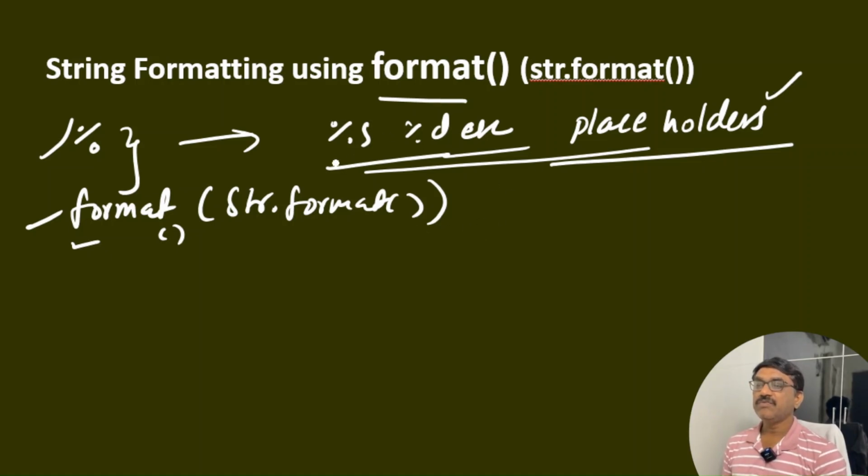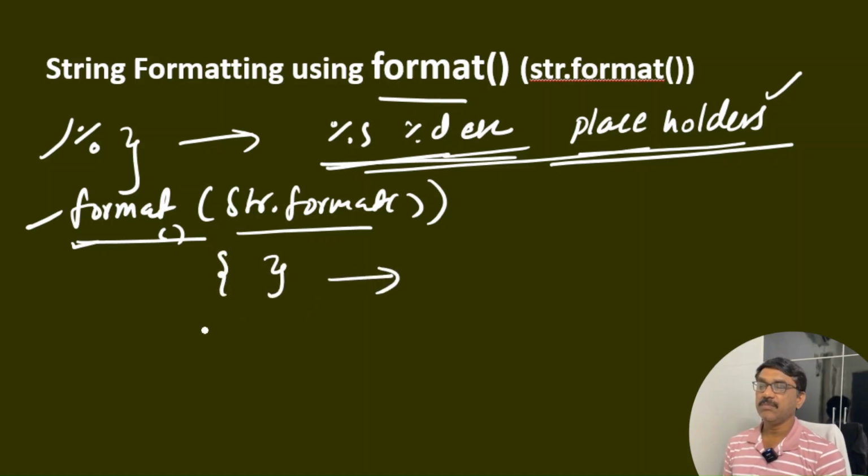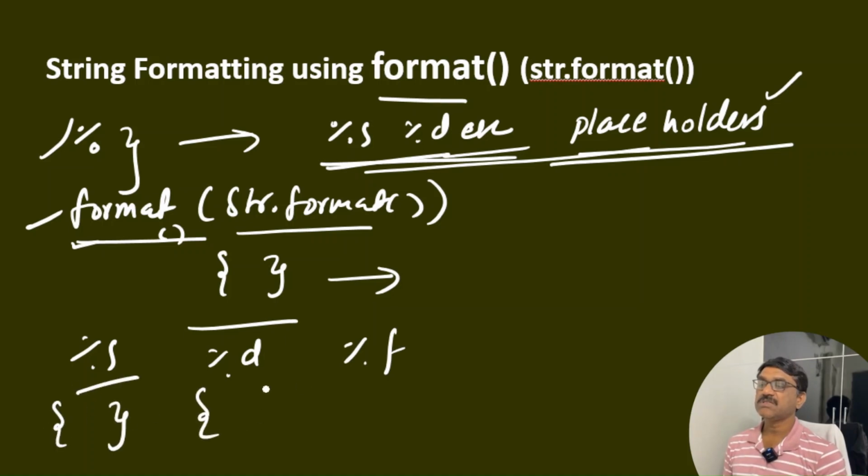Now, in place of these kinds of placeholders, in the format function, or string.format function, we are going to use curly braces. Simply remember this. Instead of writing percentage s, percentage d, percentage f, we just write empty curly braces like this.